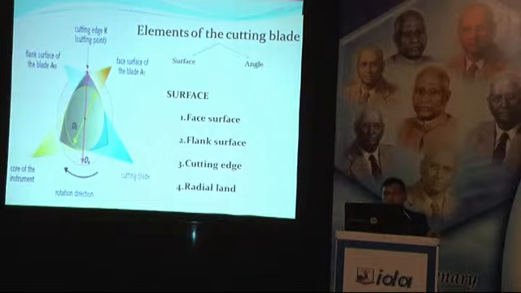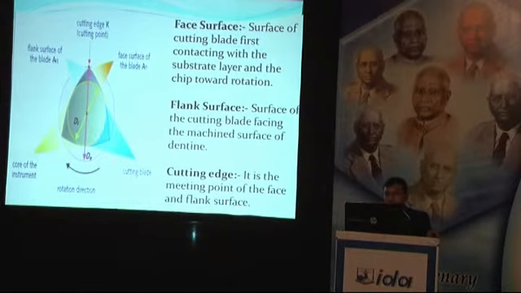Elements of cutting blades are surfaces and angles. Surfaces are the face surface, flank surface, cutting edge, and radial end. The face surface of the cutting blade is the first to contact the substrate layer and the chip, towards rotation. The flank surface of the cutting blade faces the machined surface of the dentin.